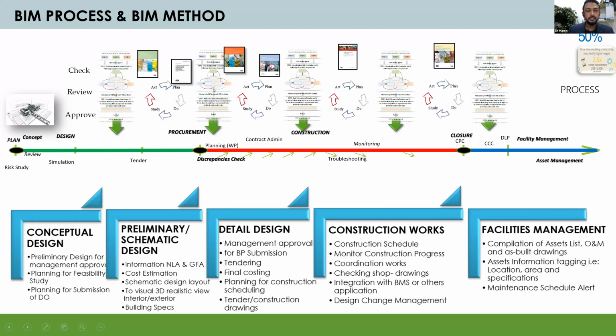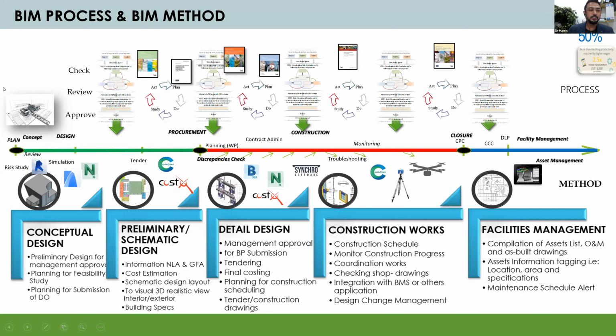And you use the technology: you use Revit, you use simulation, you use Navisworks, all kinds of technology in order to ease the process of information development. So you got the process here, and then you got the technology, you got the 3D model here. Then you use the technology with the process before you can ensure that the project runs smoothly.